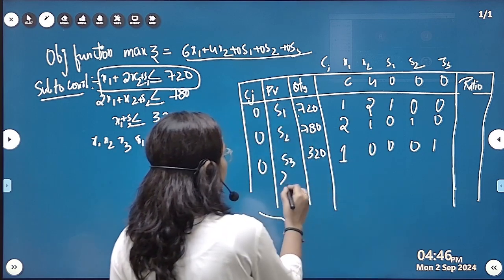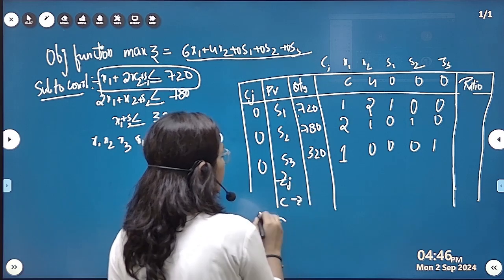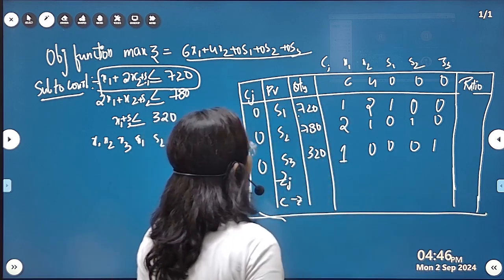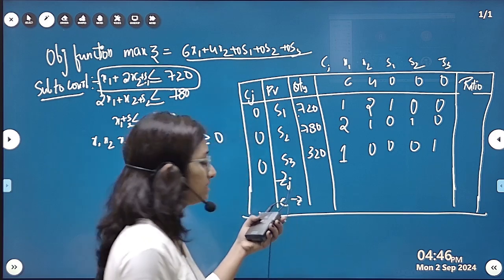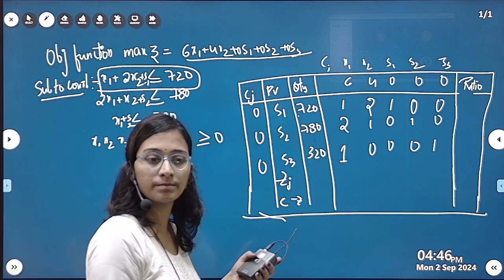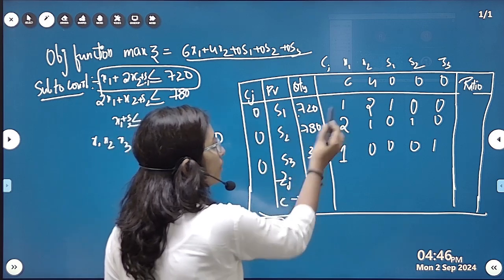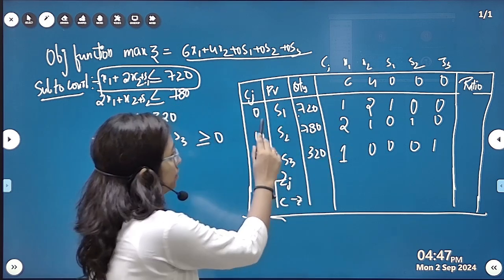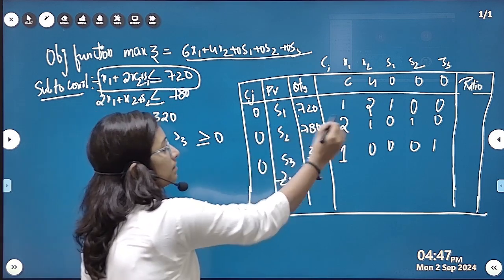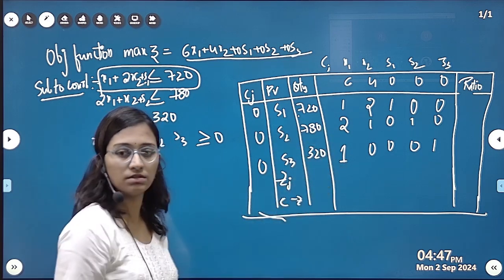Next, now we need to find Zj values and Cj minus Zj. So how will you calculate this Zj? Look here. So this 0 into 1, 0 into 1, what you will get? 0. Add 0 into 2, 0. 0 into 1, 0 itself.